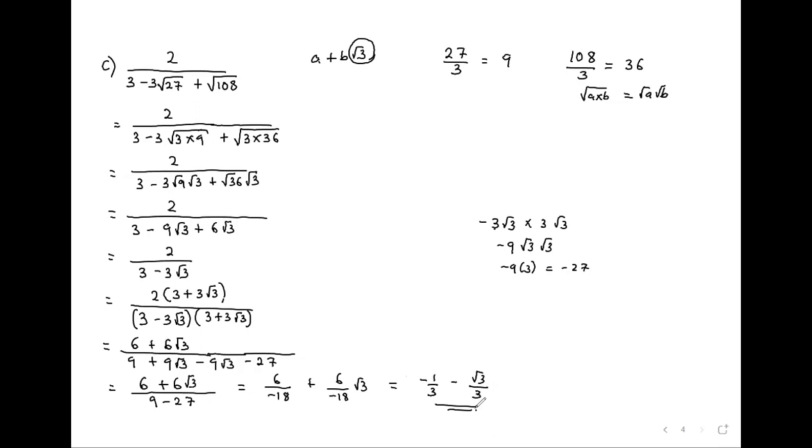This is in the form a plus b root 3, where a and b are rational numbers.